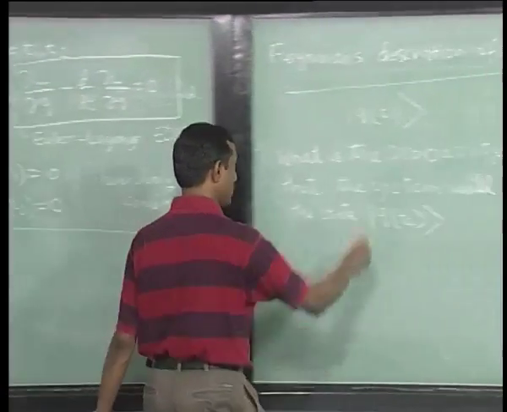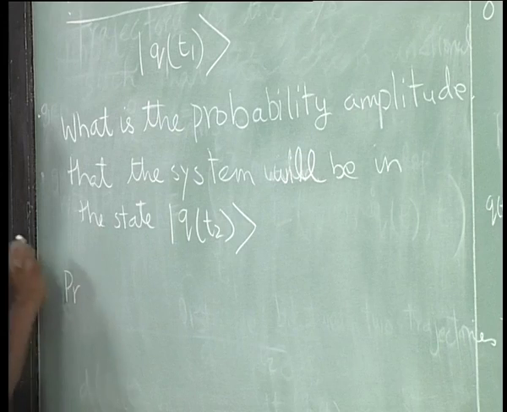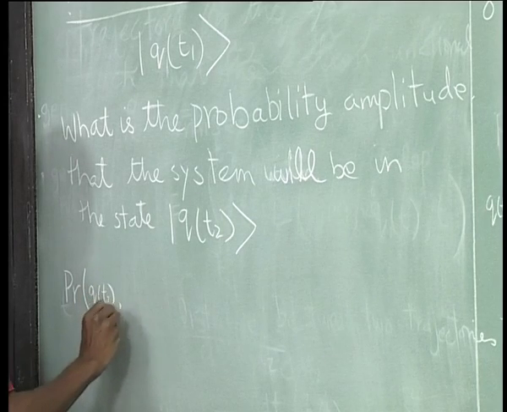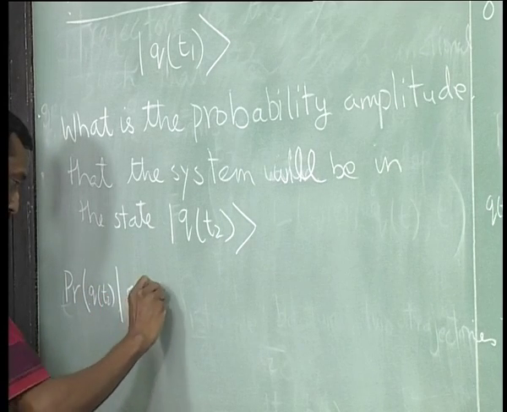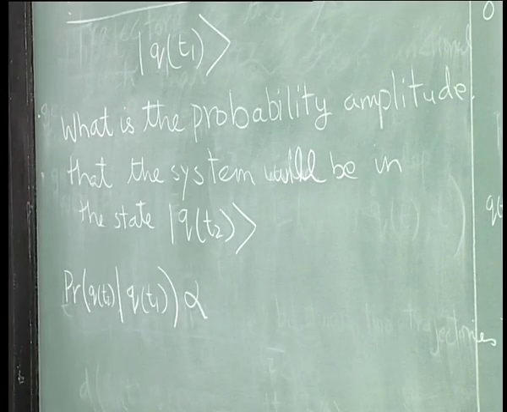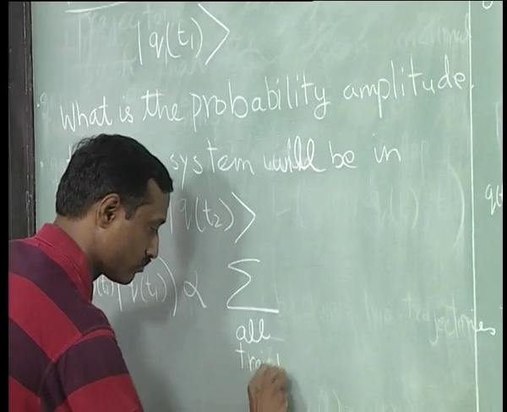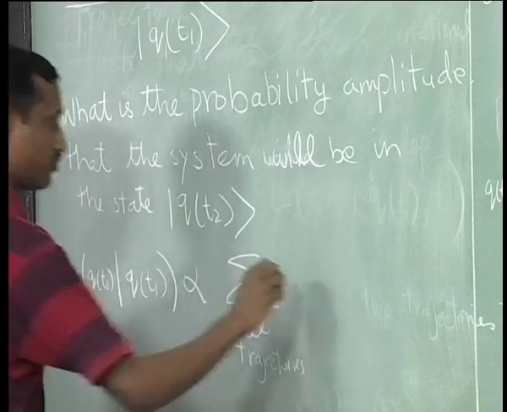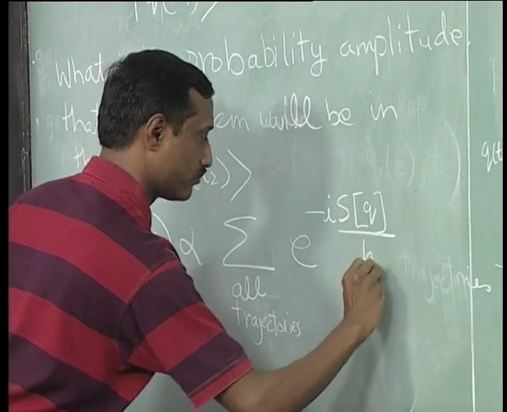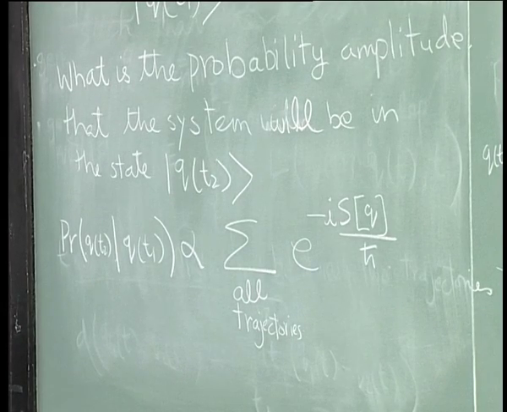And the answer is, so usually that is given by some sort of an amplitude. So, the probability amplitude, not probability, of being at q at t2 given that it was at q at t1 is, up to some normalization, proportional to the sum over all trajectories with a weight factor which is e to the i S. Okay.